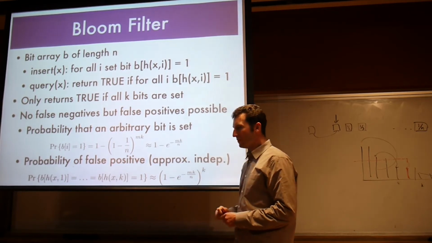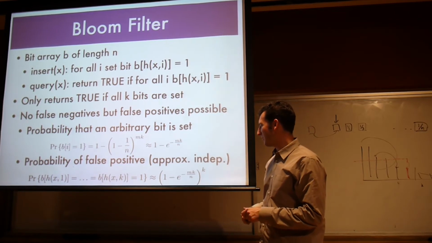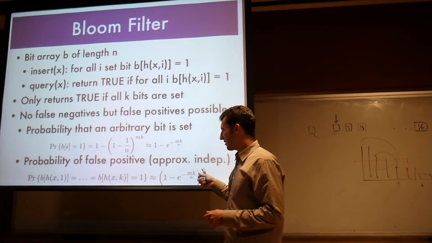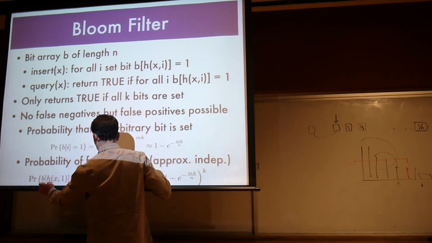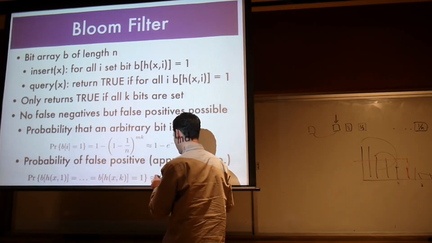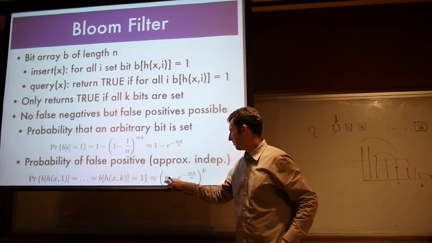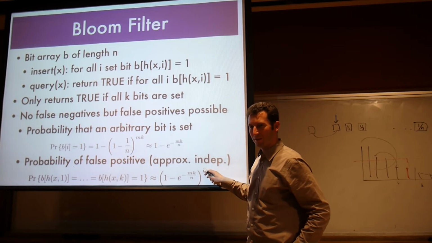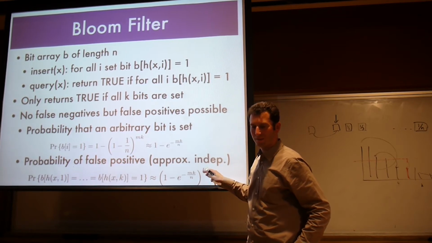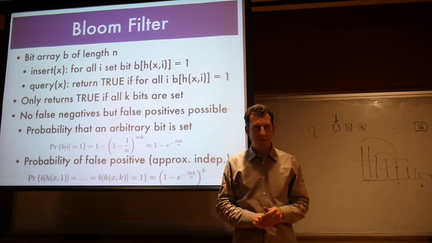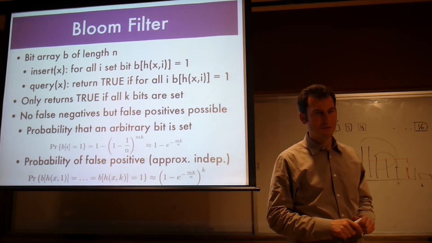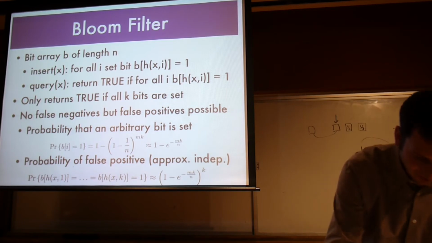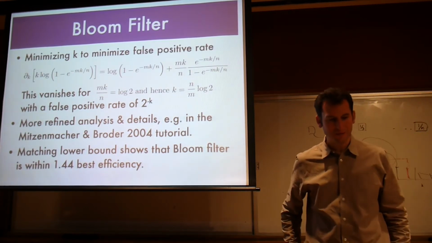Now, likewise, the probability of a false positive, and let's assume that things are approximately independent, is, well, I need to compute the probability that all those bits are set to 1, which is this probability here raised to the power of k. So that is actually pretty close to what the true probabilities are. So now let's see what it actually means in practice.